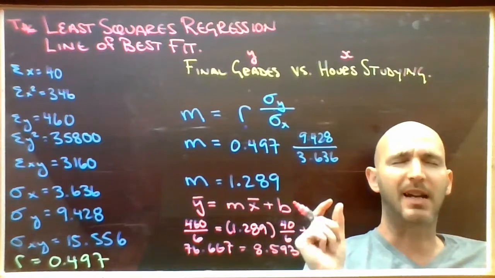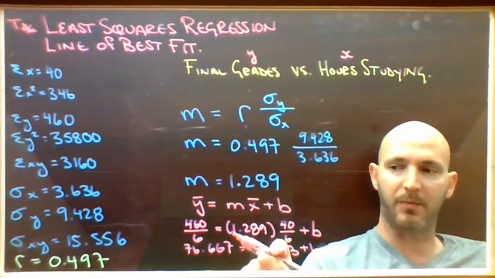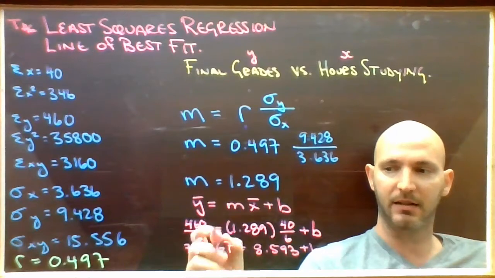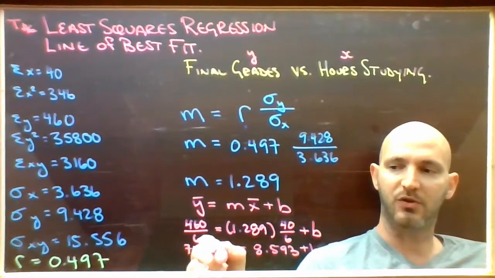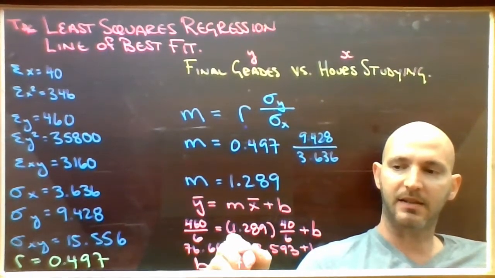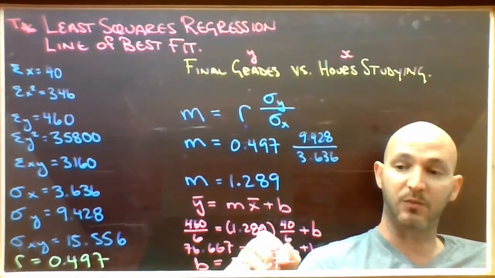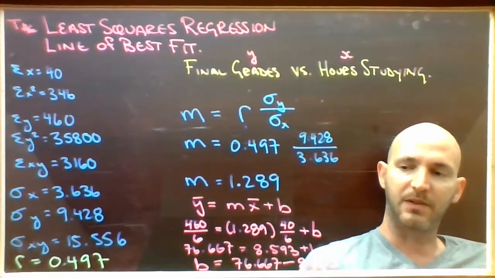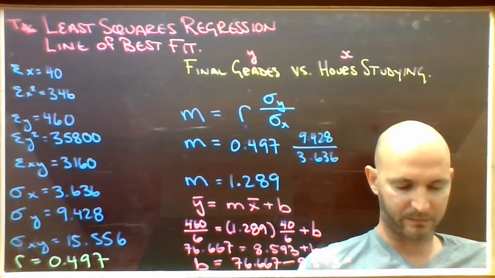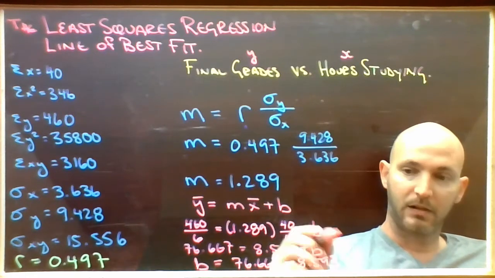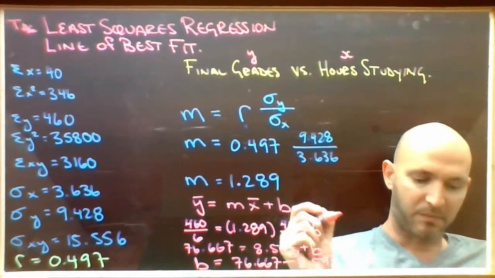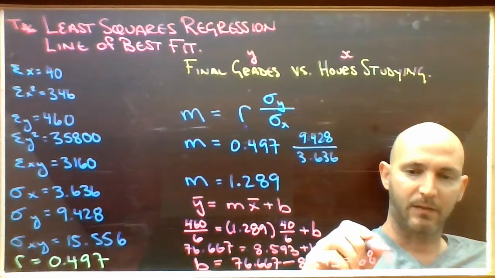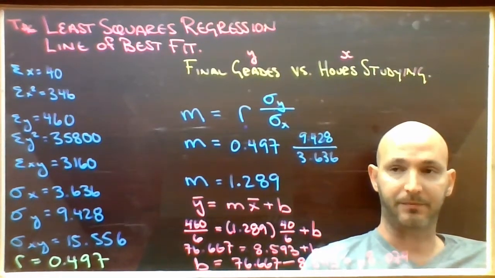I'm going to have to do the tiniest little bit of algebra here. I'm going to have to pop this over to that side and subtract it. So my y-intercept then should be 76.667 subtract 8.593, which gives me a value of 68.074 with the rounding.